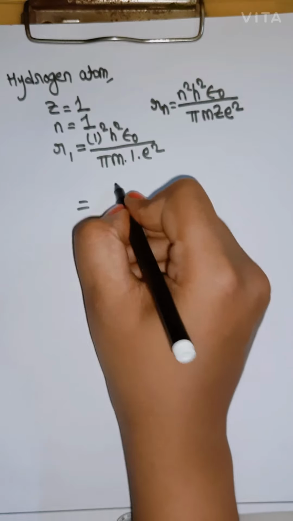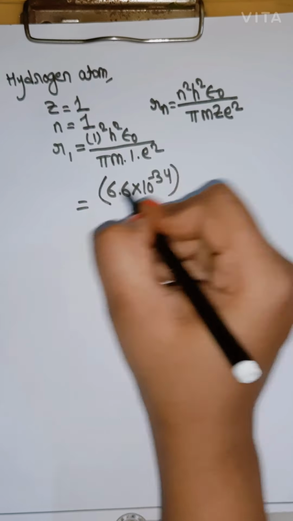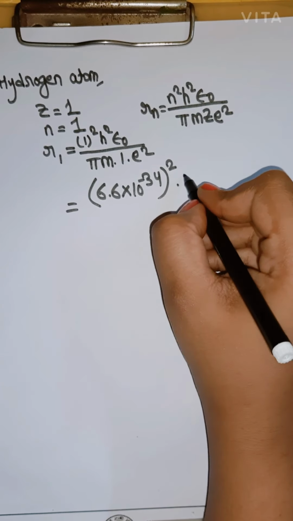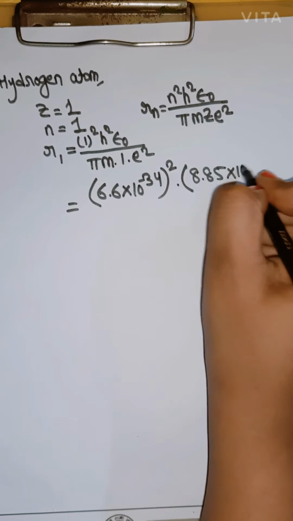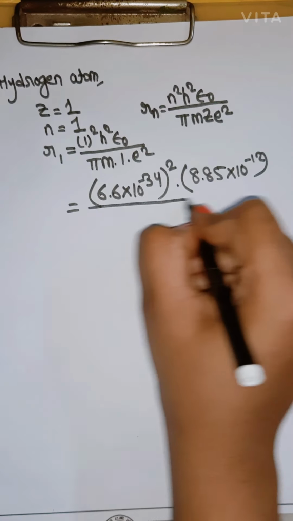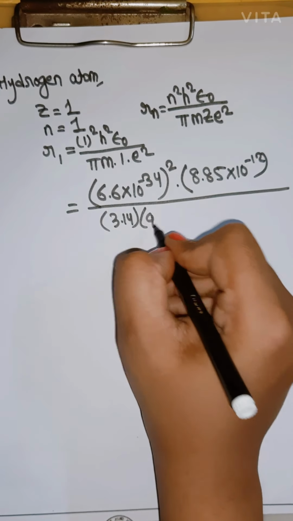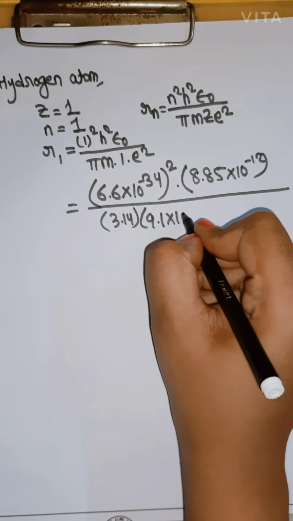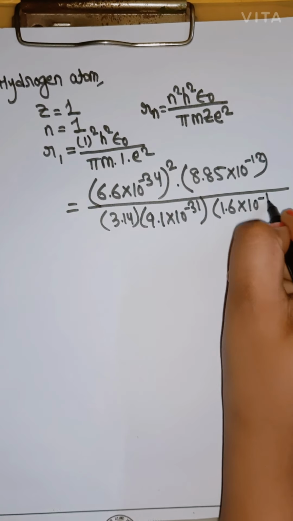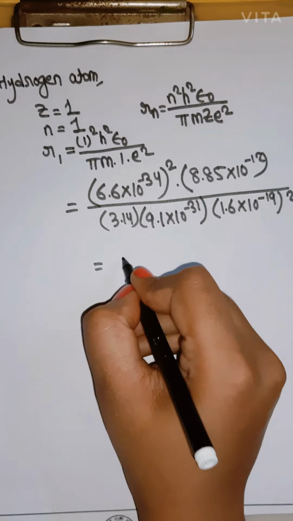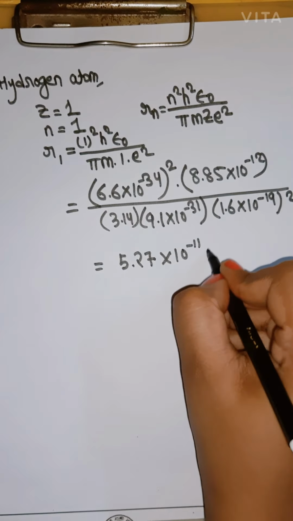Putting in the values, h is Planck's constant 6.6 into 10 to the minus 34 whole square, epsilon naught 8.85 into 10 to the minus 12, by 3.14 times the mass of the electron 9.1 into 10 to the minus 31, times the charge of the electron 1.6 into 10 to the minus 19 whole square. Calculating, we get 5.27 into 10 to the minus 11 meter.